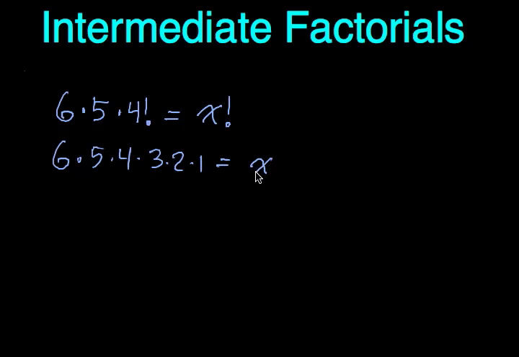And so if this is x factorial, then x has to equal 6. 6 times 5 times 4 times 3 times 2 times 1 is equal to 6 factorial. And that's the basics of factorials.